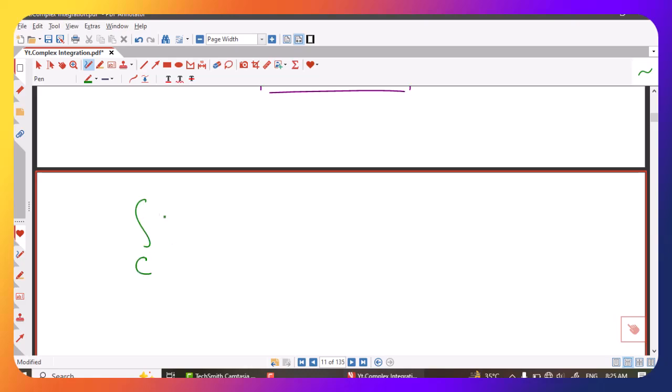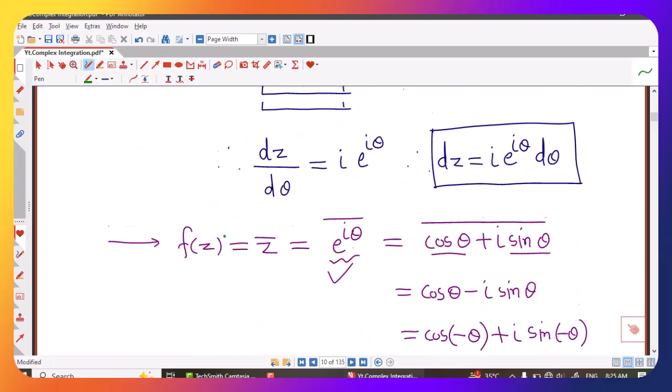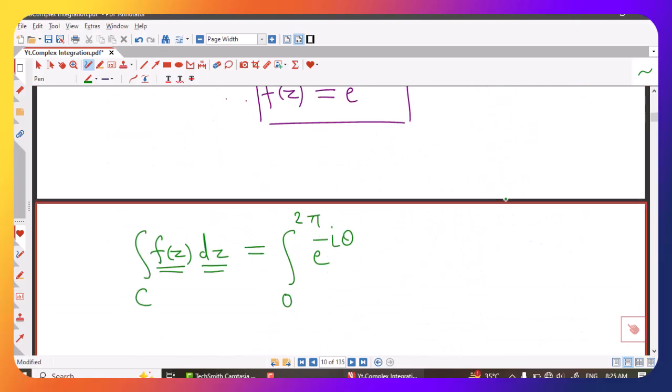Therefore we can write our contour integral in terms of a real integral in this way. Here theta has limits from 0 to 2 pi. f of z is e raised to minus i theta that we just obtained. We have also obtained dz in terms of theta. dz is i times e raised to i theta.